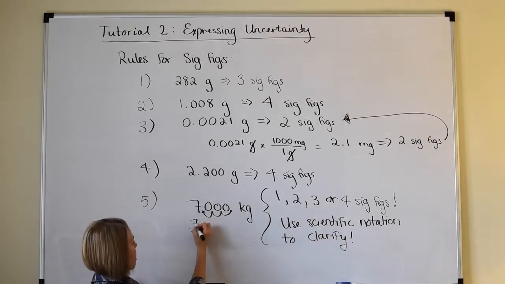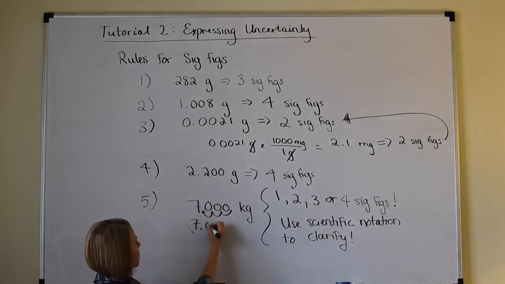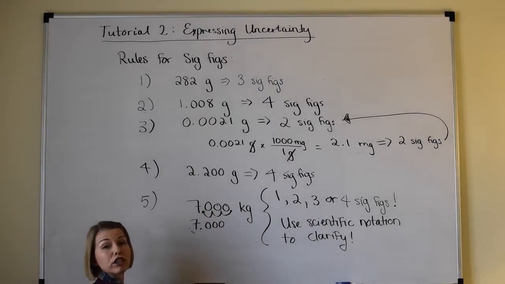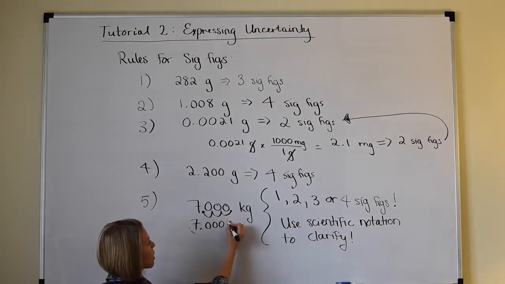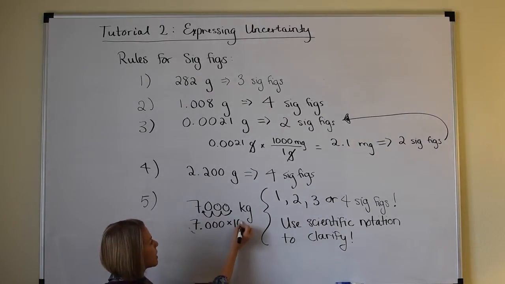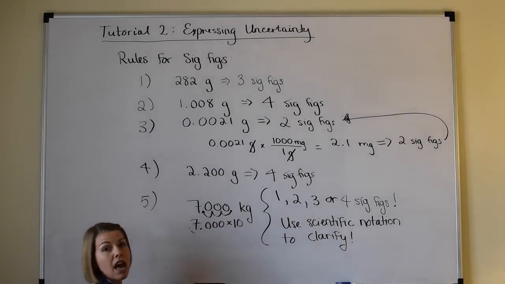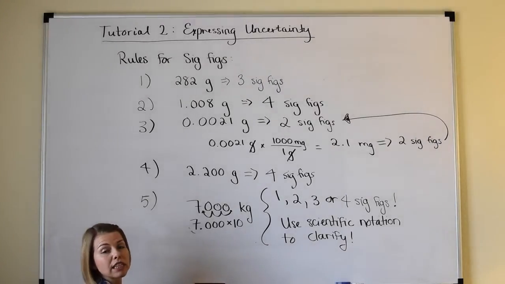Okay, so I'm going to write 7.000 because we're trying to express that all those zeros are significant for this example. And then we would multiply that number times 10 to the appropriate exponent. And the exponent is just however many times you moved that decimal place.